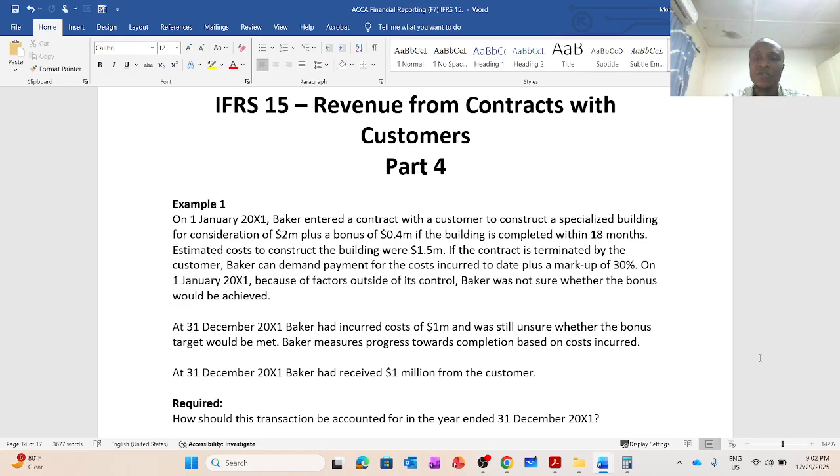To be specific, for a construction contract, for instance, the company had a contract with a customer to construct a building for 5 years. We need to know how we are going to recognize the revenue over a period of 5 years, whether we are going to use the input or the output method, or whether we are going to recognize the bulk sum of the contract price in a single year.